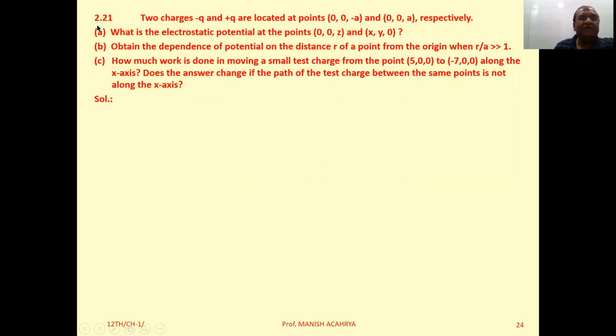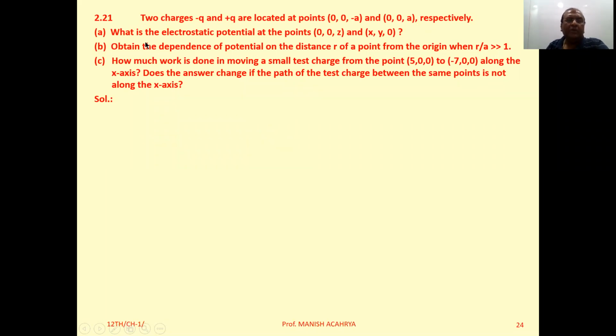Example 2.21. Two charges minus Q and plus Q are located at points (0, 0, minus A) and (0, 0, A) respectively.